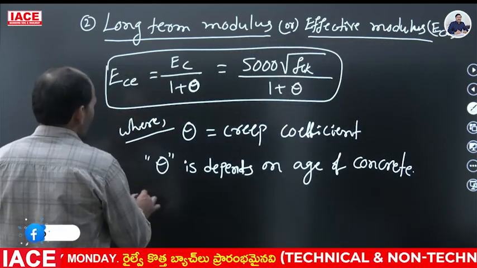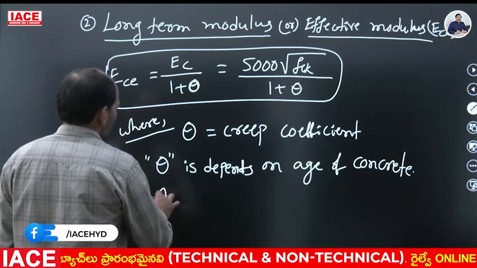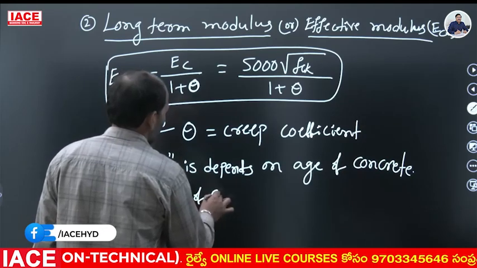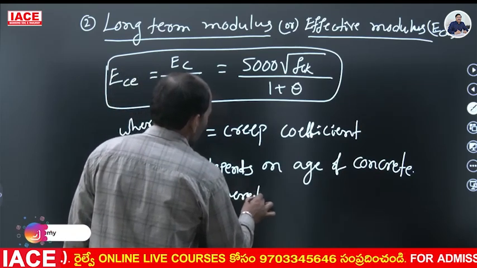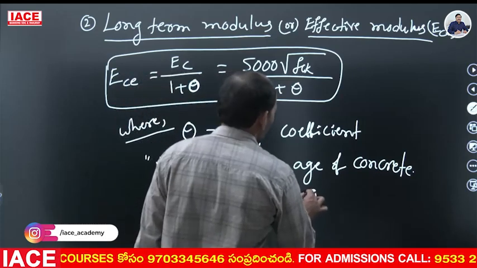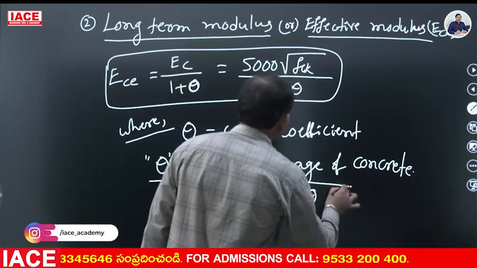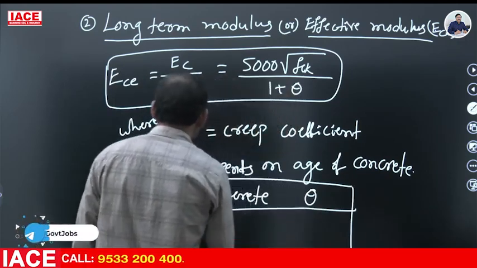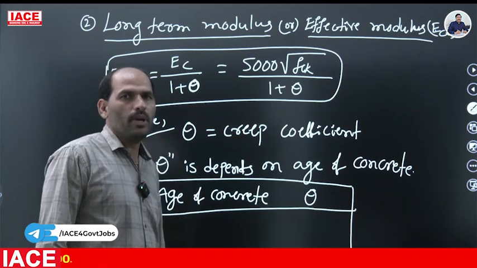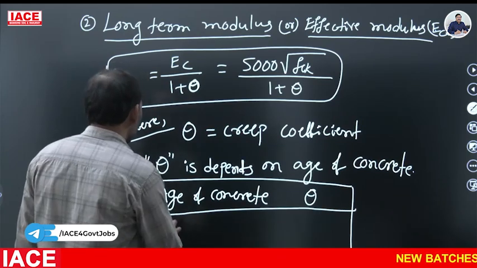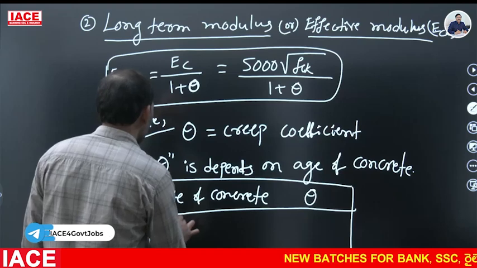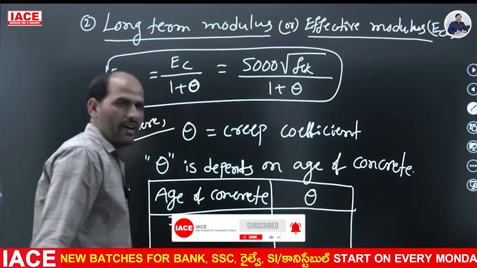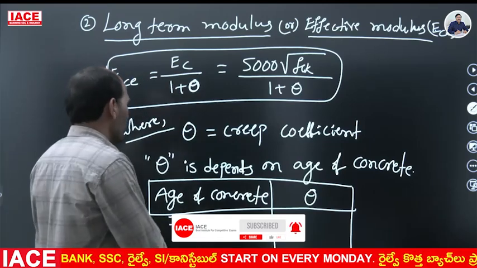For example, if you take the age of the concrete and the creep coefficient values, say 7 days age, what is the creep coefficient value?